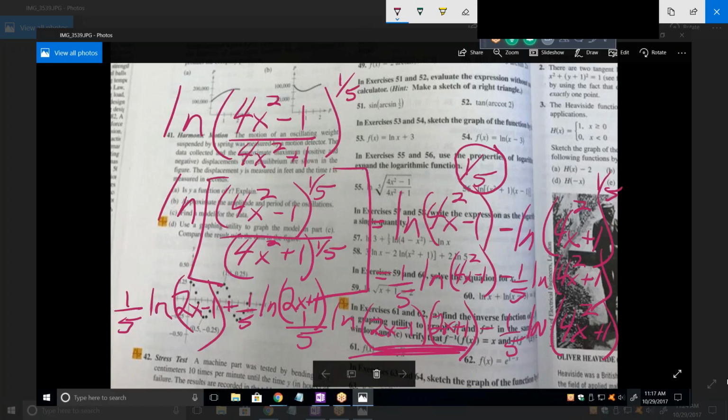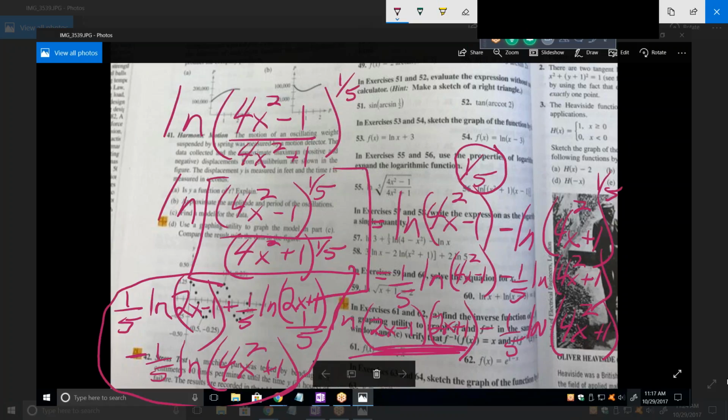And I still have this minus 1/5 natural log of 4x squared plus 1. So there's your final answer, fully expanded.